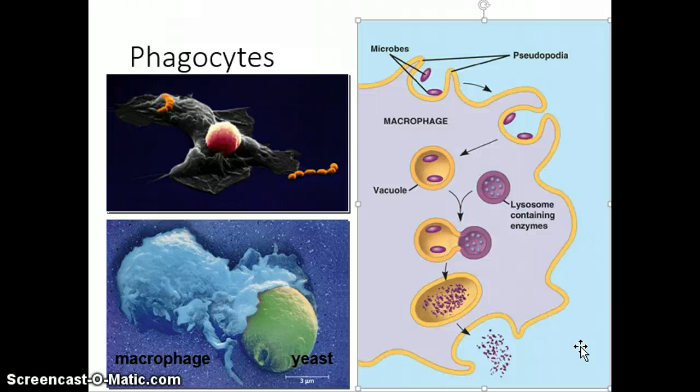So even though this is not a specific immune response, we do have different types of toll-like receptors that are going to identify certain types of pathogens. This is how the immune system actually determines that something is not self. It is something that is a foreign invader.